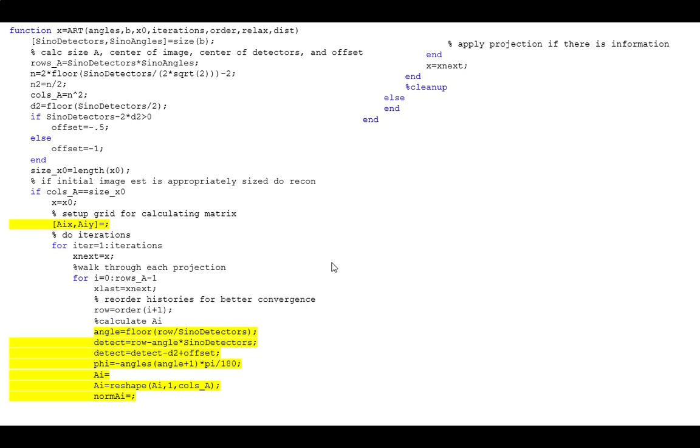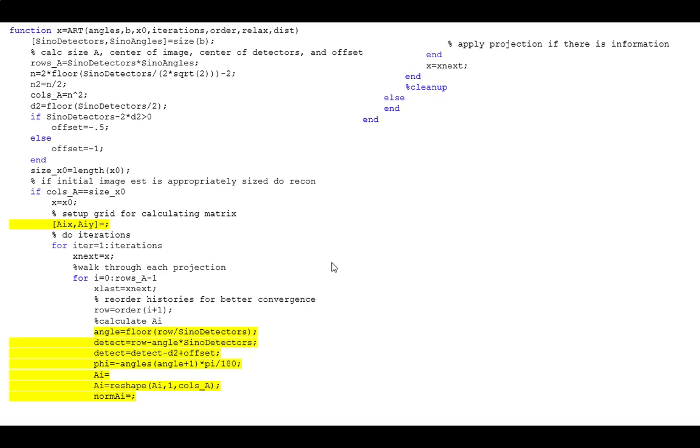And then all the next rows' worth, if you consider it in its original space, get piled next to it. So if I divide by row, or take my current row number, which is what came out of the order, and divide by sinodetectors, that tells me how far down that vector I got, which tells me basically where I was in the original unreshaped square image.